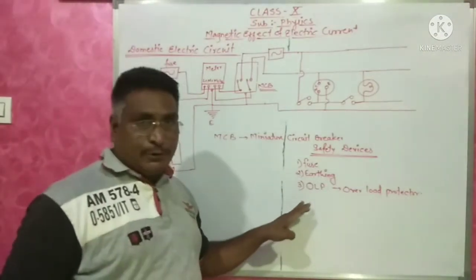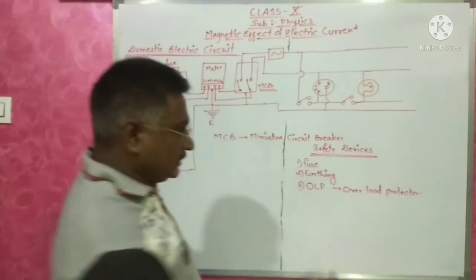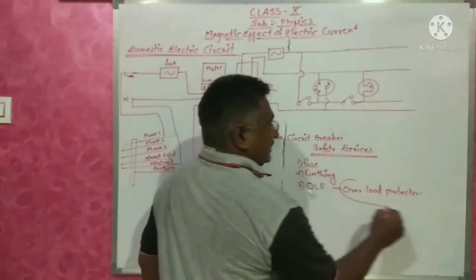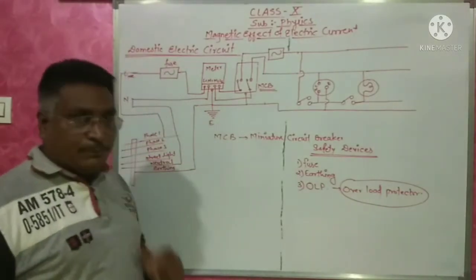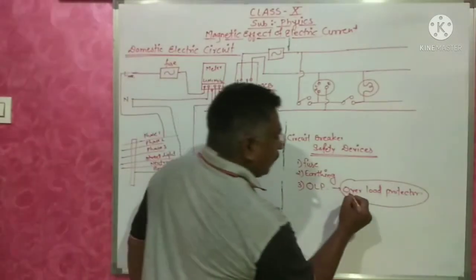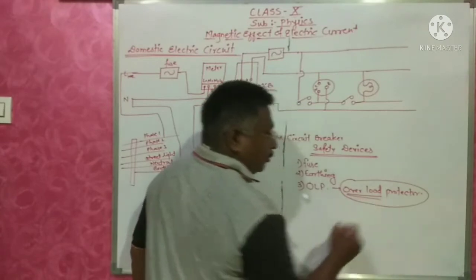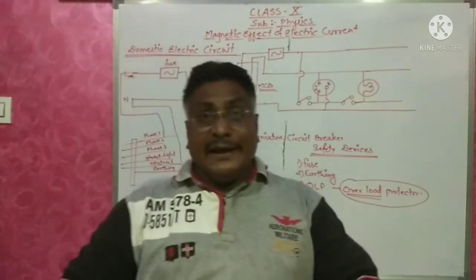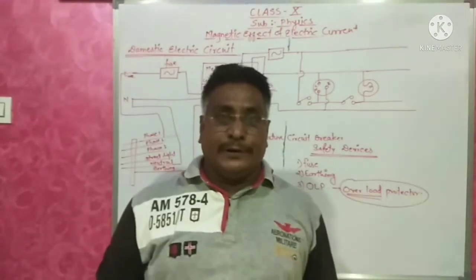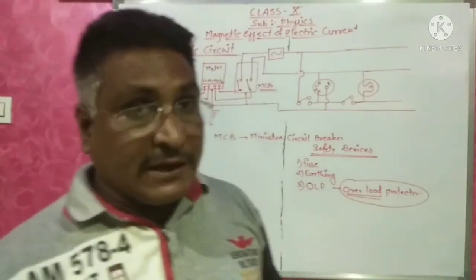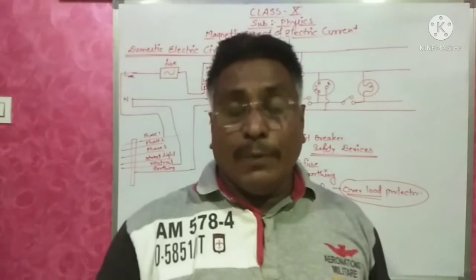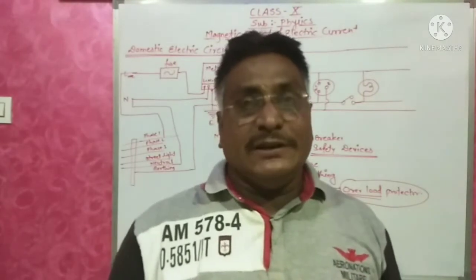Generally we are not using this in our home. This OLP is present in the refrigerator. So what is the meaning of overload protector? The meaning is in the word itself. Overload means extra current is flowing. Whenever more current flows, there is a chance of burning or damaging the devices.